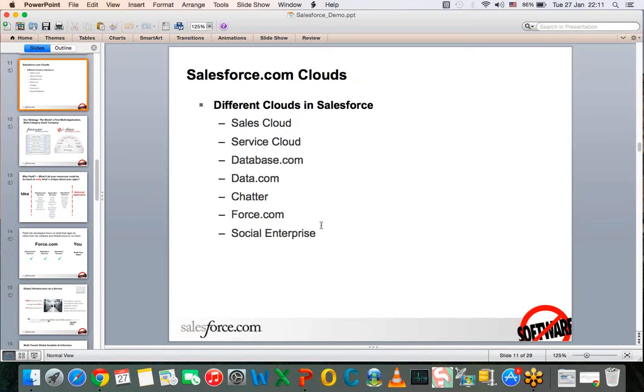Force.com, as I said, is a platform; this is also a cloud which offers that service. And it's the first multi-tenant architecture CRM application which is built completely on the cloud, and you're going to develop everything over the cloud.